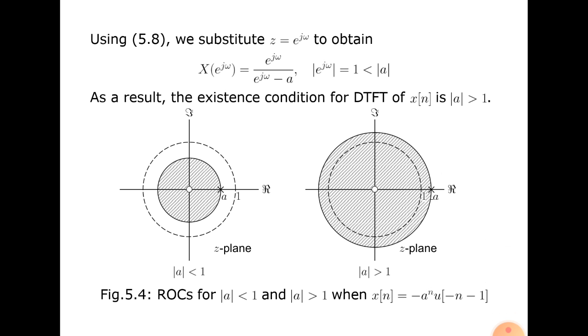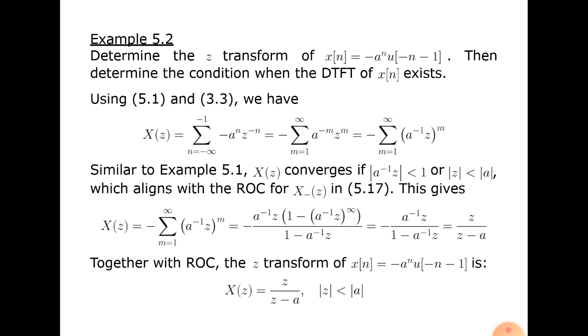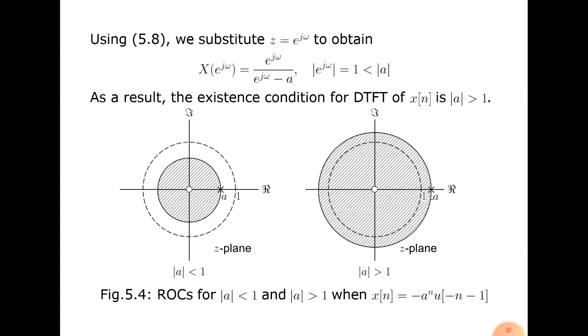So this is the formula for the previous condition: x of z equal to z divided by z minus a, where modulus of z is less than modulus of a. We can substitute z equal to e power j omega, and we get x of e power j omega equal to e power j omega divided by e power j omega minus a, and modulus of e power j omega equal to 1, where modulus of a is less than 1.